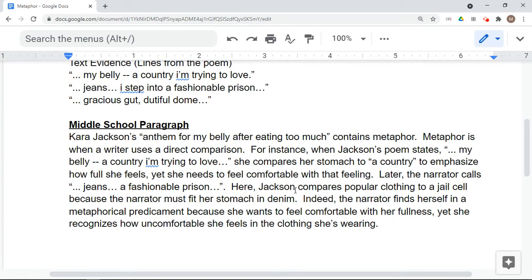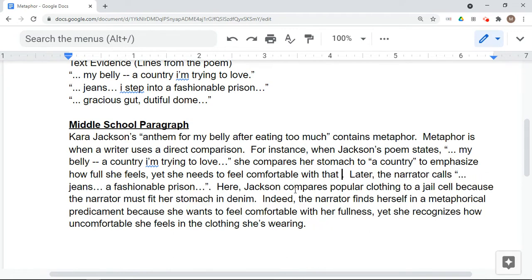Okay, so another word for feeling, because I got feels, I got feel, and I got feeling. Feels with the S, and then ing, so feeling. To emphasize how she feels, yet she needs to feel comfortable with that experience, with that sentiment.